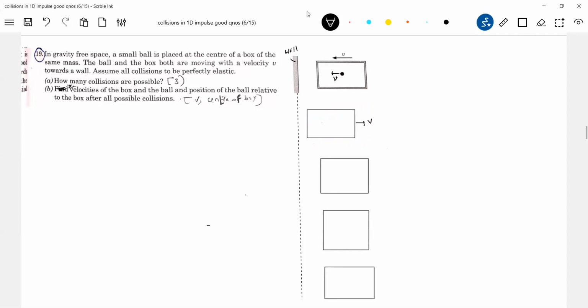Now what will happen? The particle will be here. The particle is yet to collide. Now collision between the particle and the box will occur. They'll exchange their velocities. This is what happens here. Again, the box will go and collide, and the particle will be moving like this.